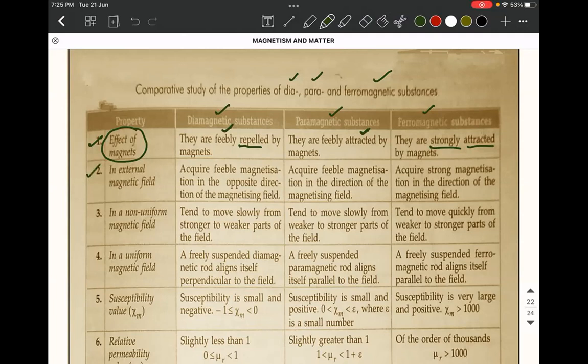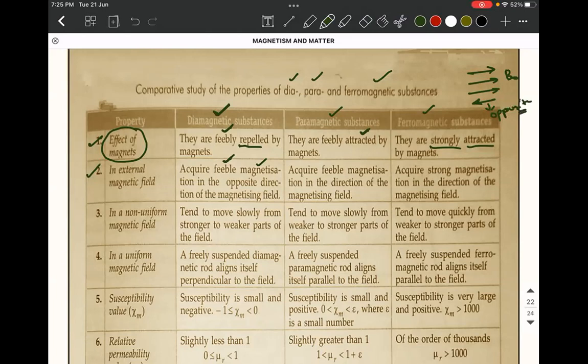Next is in external magnetic field. So in an external magnetic field, diamagnetic materials will acquire magnetism. Okay, they will get feeble magnetization, but they will get the magnetization in the direction opposite to the external magnetic field.